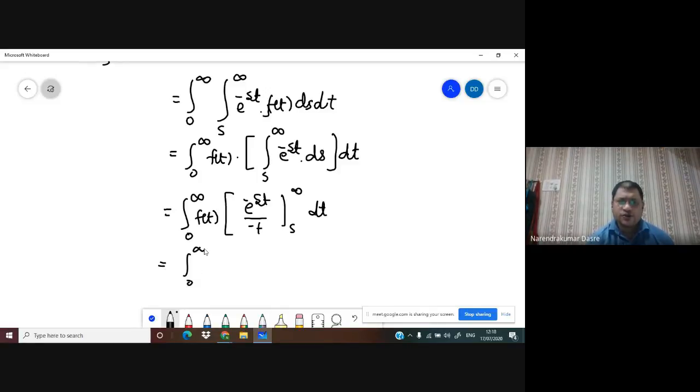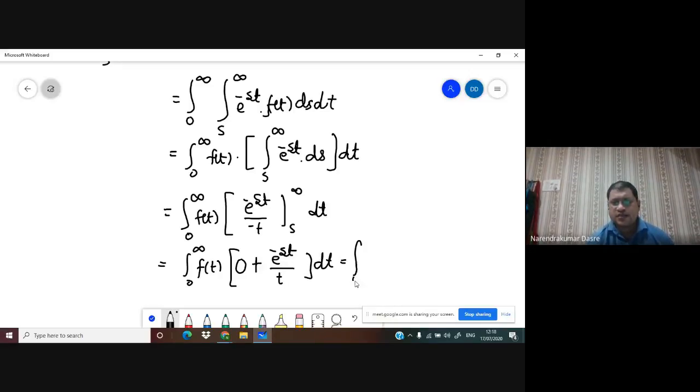So it is 0 to infinity, then f of t, and now apply the limits. If I apply infinity, I get 0 minus, and since I already have a minus, it becomes plus e raised to minus st upon t. So this is going to be dt.